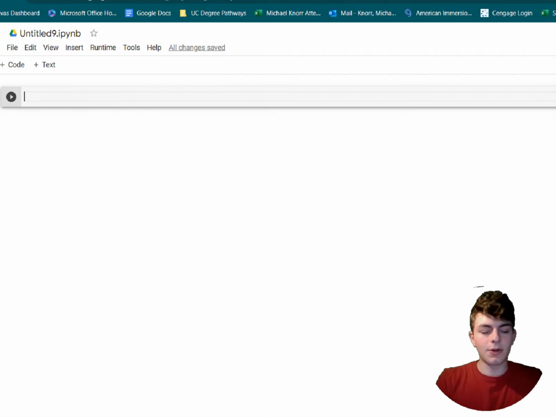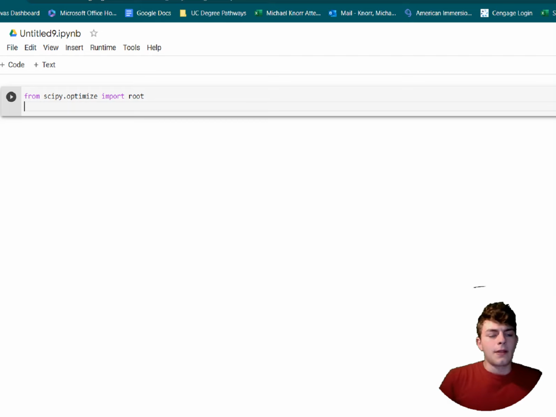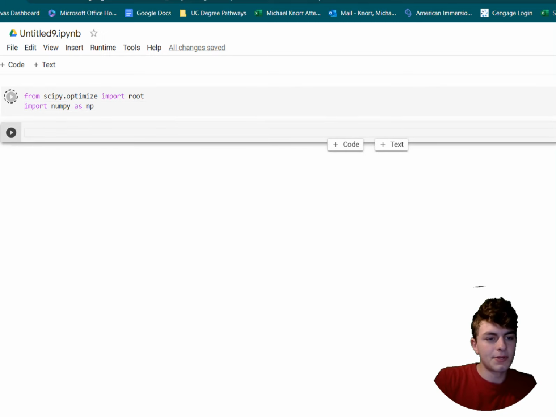The first thing that we're going to do is from SciPy.optimize, we're going to use their root solver, so we'll say import root. And then we'll also import NumPy, both of which are going to be useful libraries in this scenario.